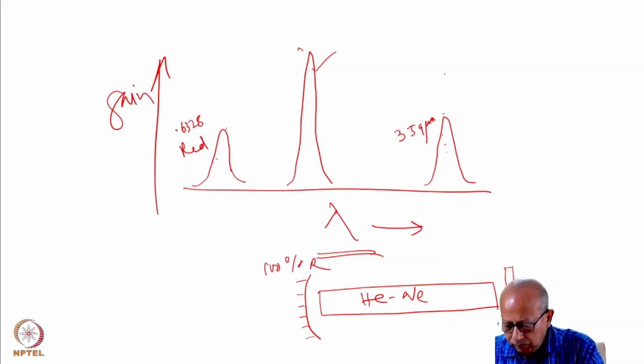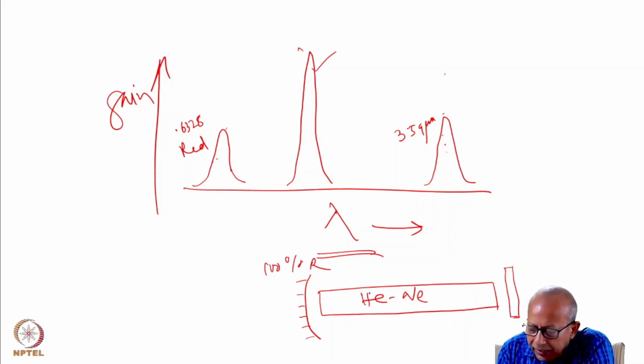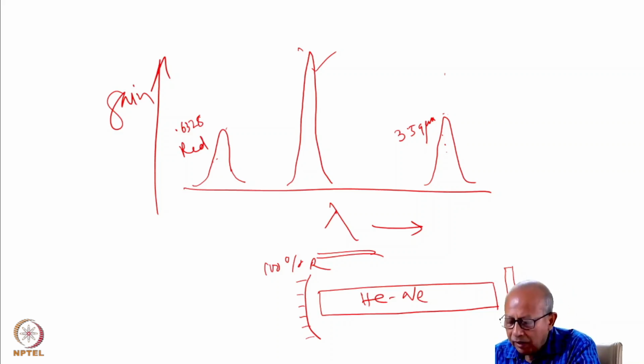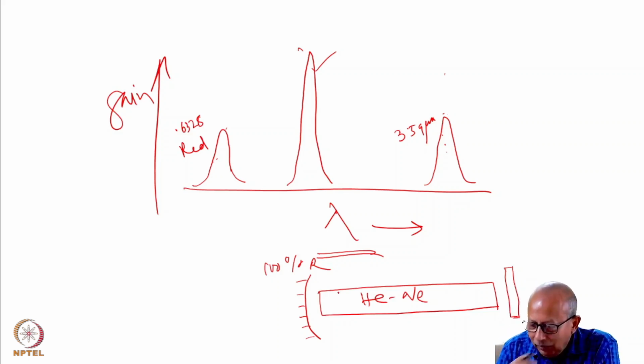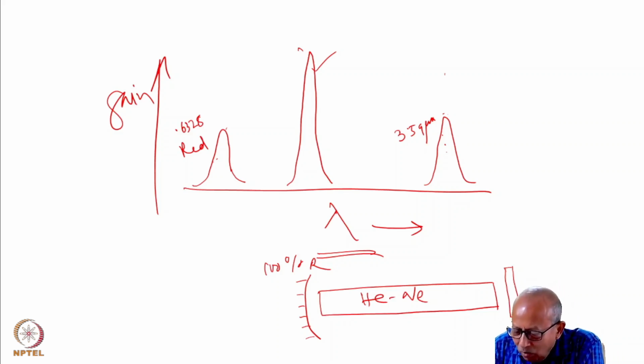It offers partial transmission to the light that is growing inside. Suppose we have designed this cavity inside, and this output mirror, the partially transmitting mirror, is a dielectric mirror which you have coated in such a way that you can provide loss selectively on different wavelengths.